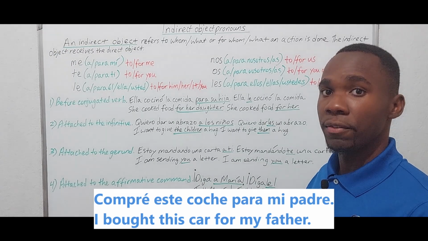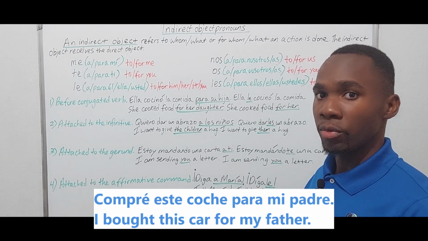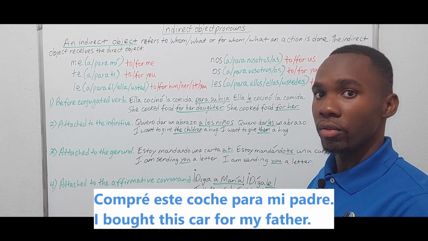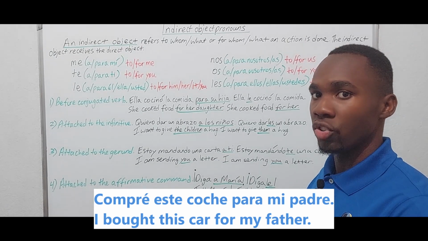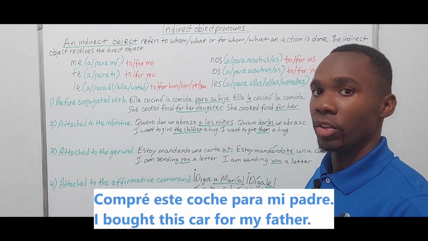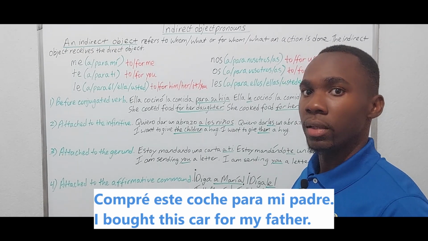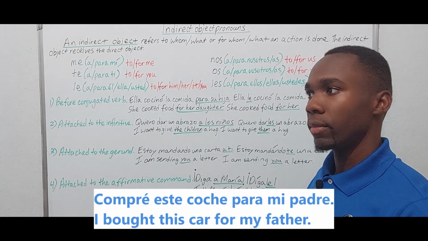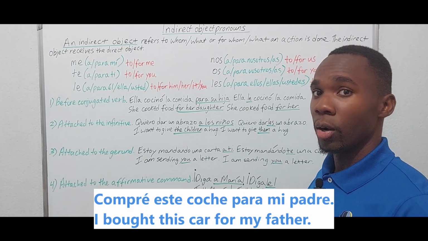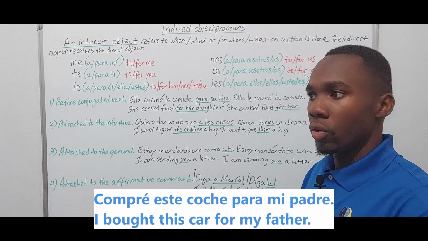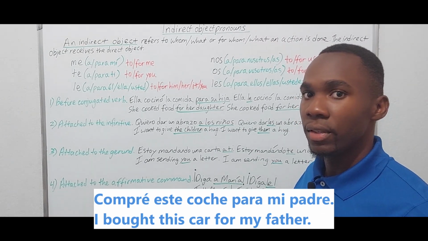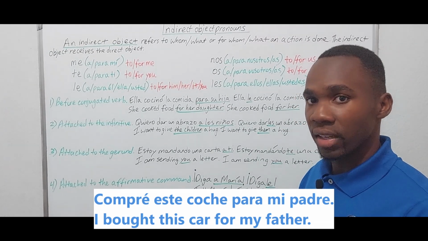So first we identify the direct object. Direct object is what receives the action. So what was bought? Este coche. This car. So this car is the direct object. And remember, the indirect object is for whom. So who is going to receive the direct object, which is this car?